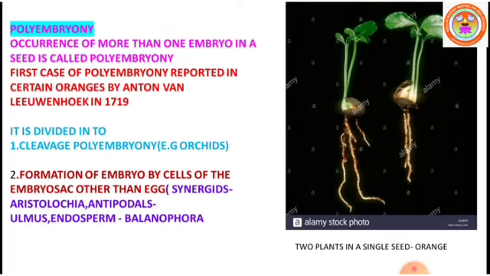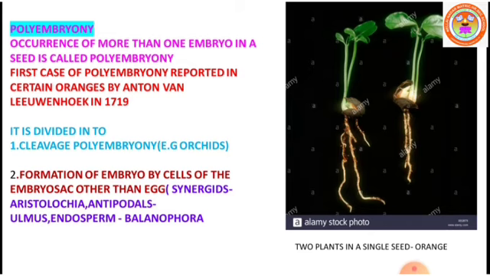Polyembryony is divided into 4 categories based on the origin where it is developed. The first one, cleavage embryony. Example, orchids. Pronounce it as orchids.